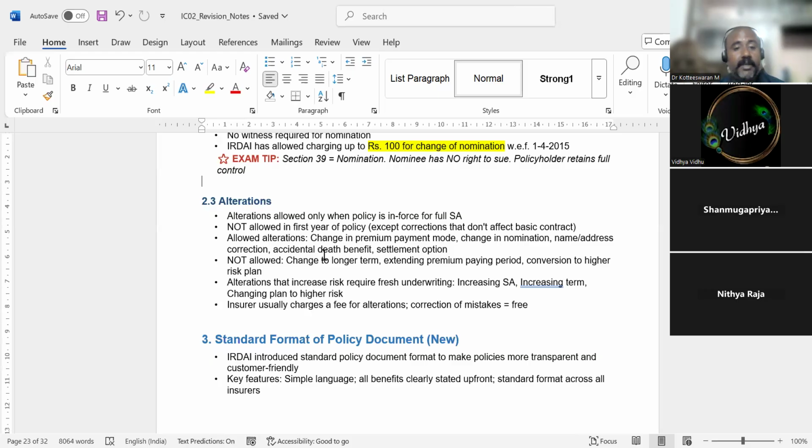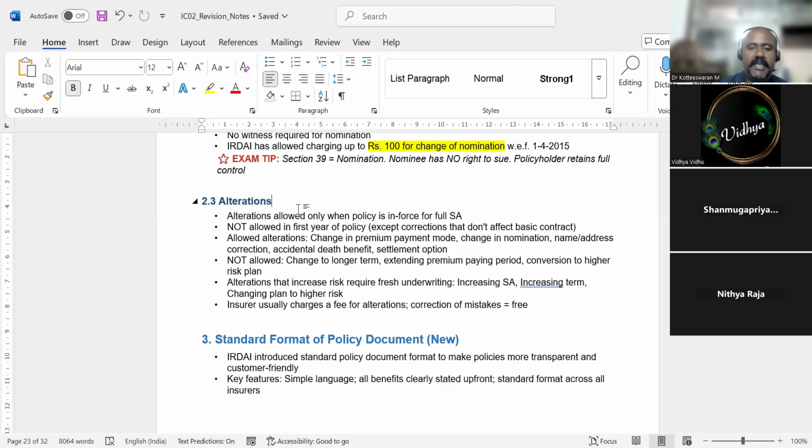Okay. So alterations. After you get the policy document, you find some mistakes and you want to change them. Yes, definitely you can change it. This is called alteration. There are some areas where you can ask the insurance company to change it, and some areas which you cannot change. Only a few parts of the document can be changed.